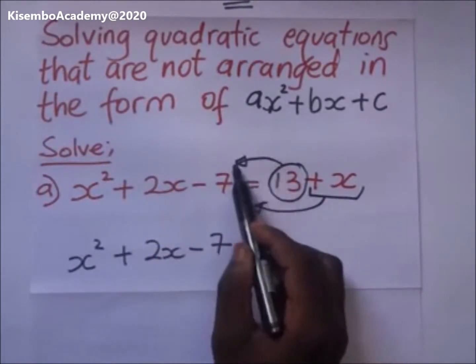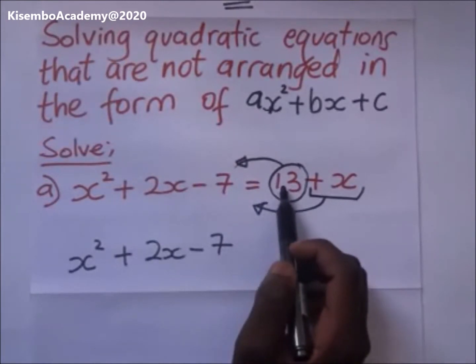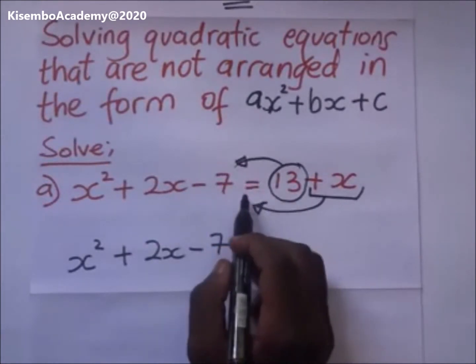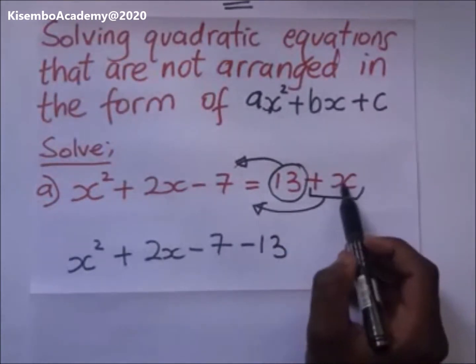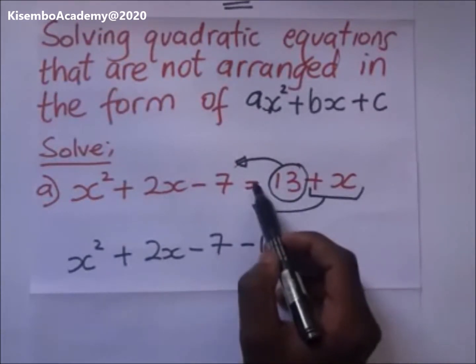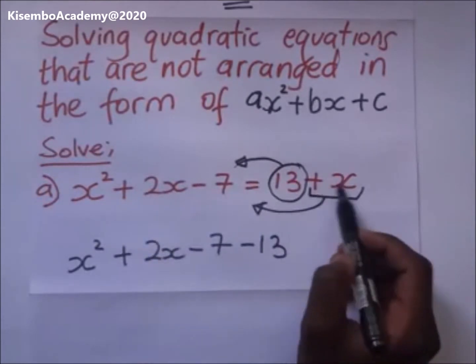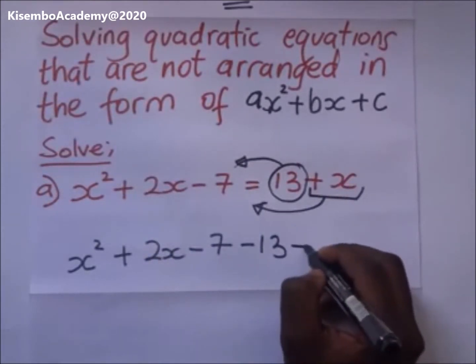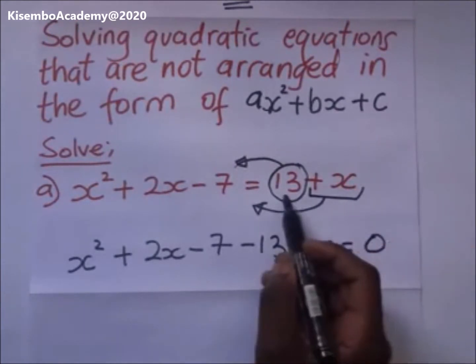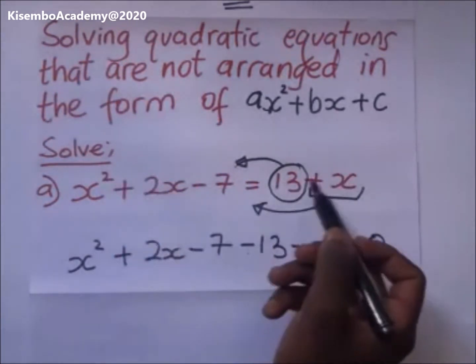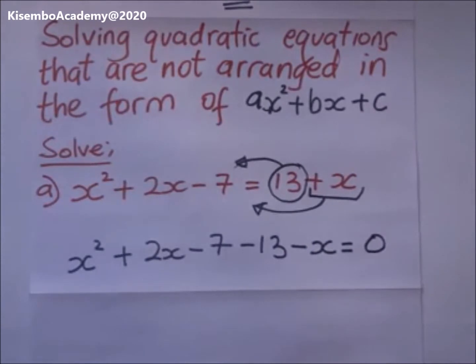Then this 13, when it crosses the equal sign, was positive 13 and becomes negative 13, so minus 13. Likewise, this positive x becomes minus x. That's all going to be equal to 0, because when these two come over this side, we leave nothing there.